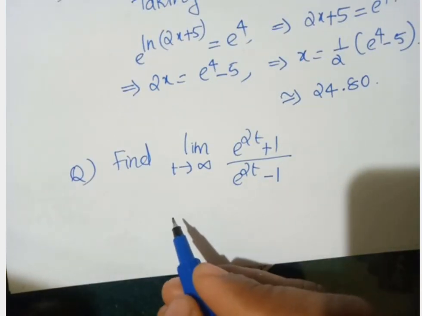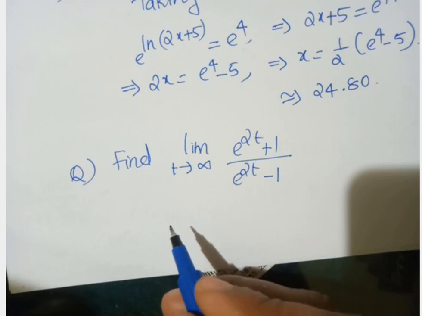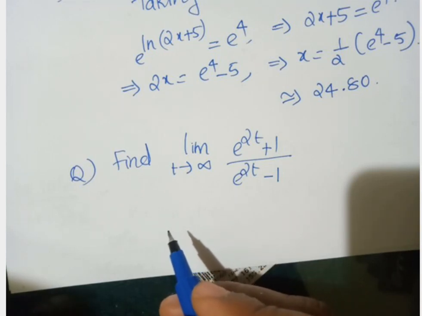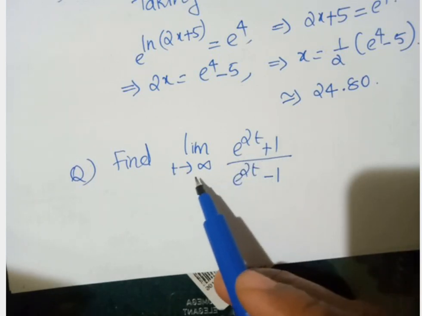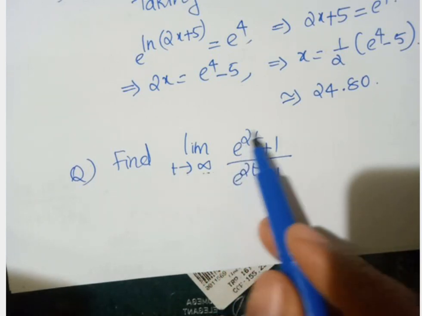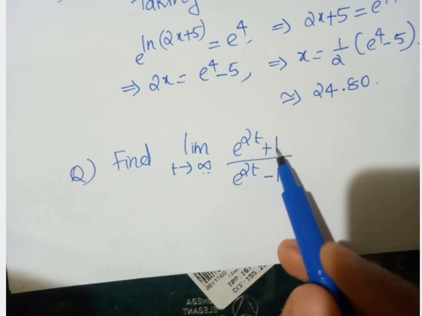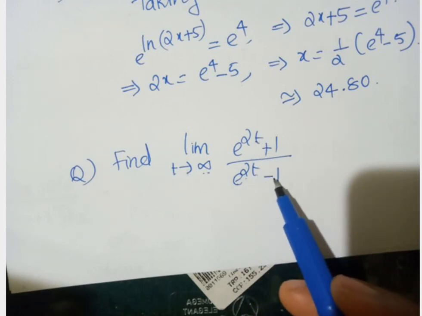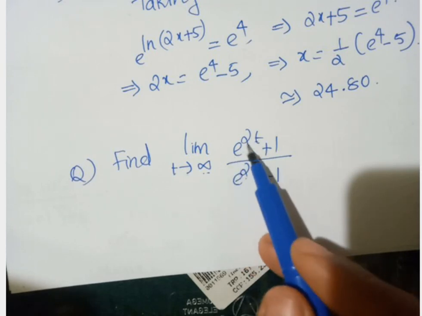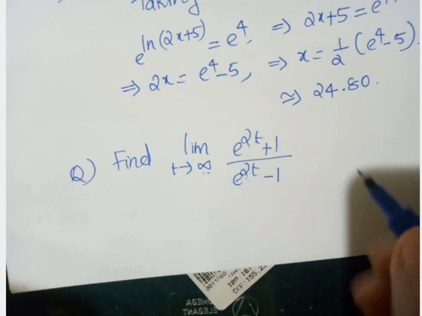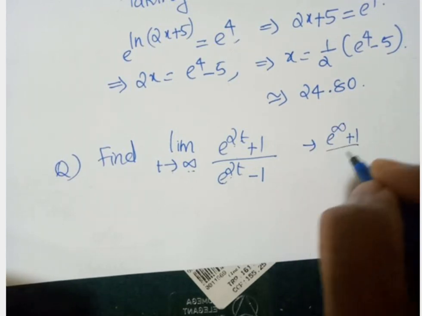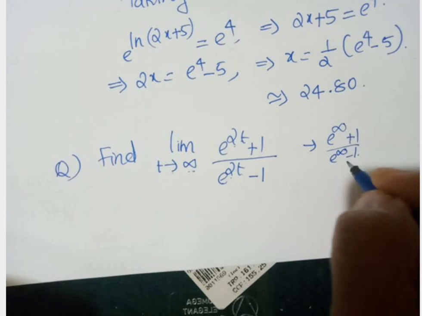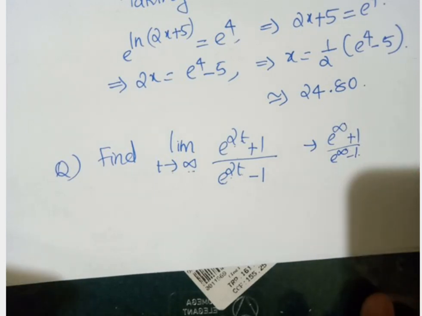At first look, as t tends to infinity, this becomes e raised to infinity plus 1 by e raised to infinity minus 1, so we cannot move on to the next stage directly.